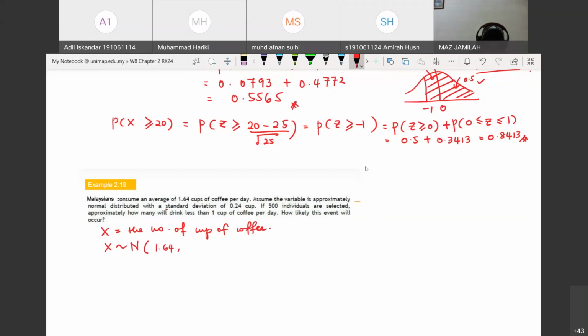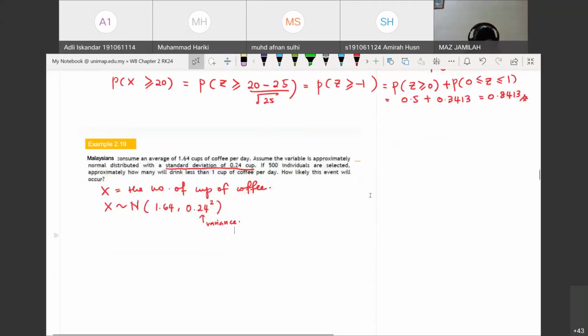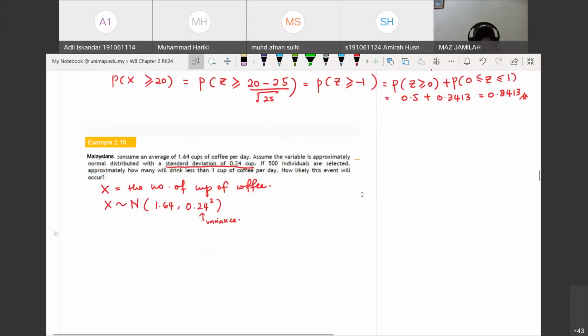So here given is the standard deviation, 0.24. Since here should be the variance, you will put 0.24 squared, because we are talking about the variance here.